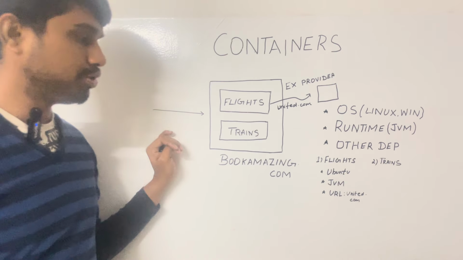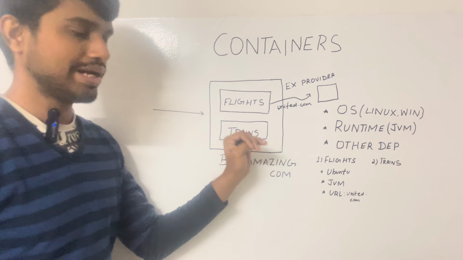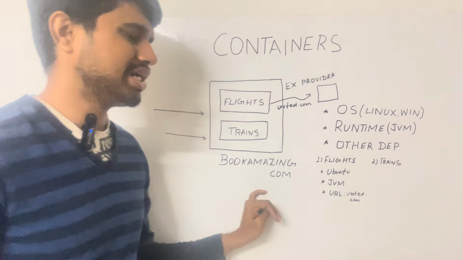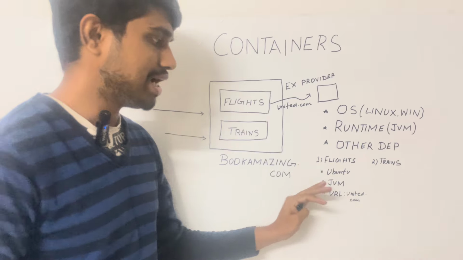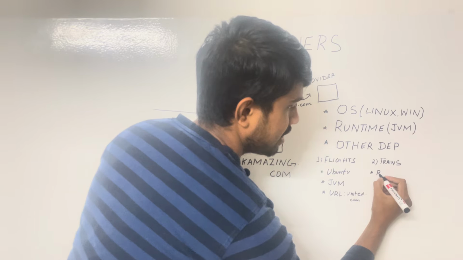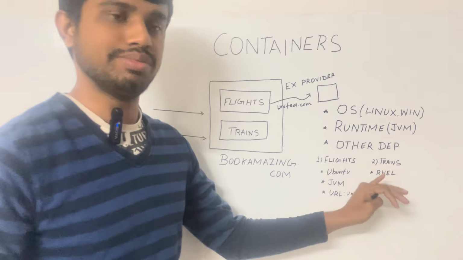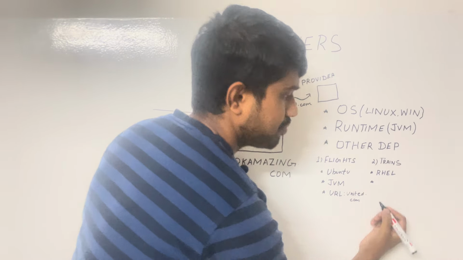Now even if users want to book tickets on a train, they still come to you. Amazing, right? So these developers think, for various reasons, that the OS needs to be something RHEL or Red Hat based, right? And then they want to develop this in Python.